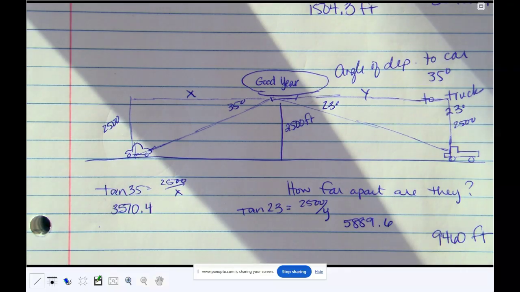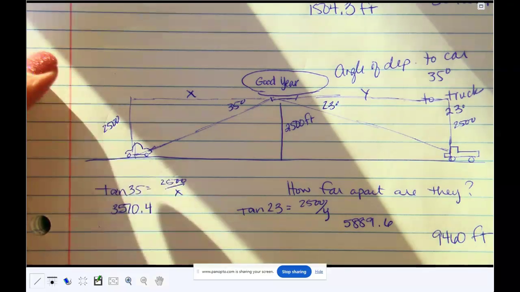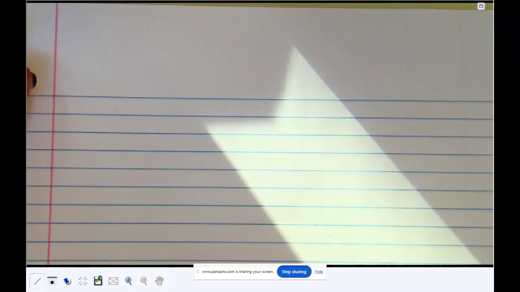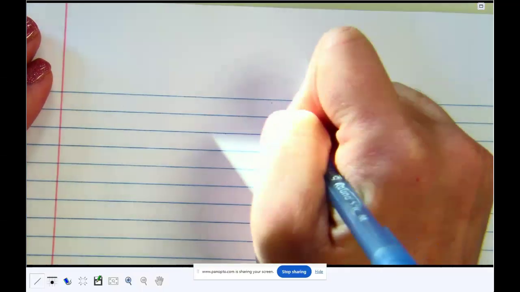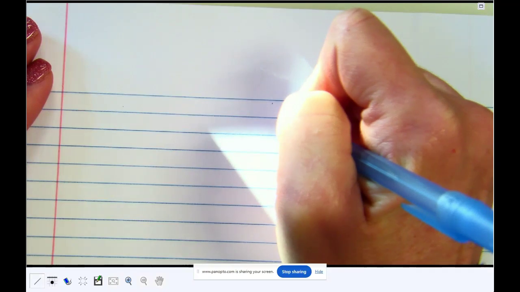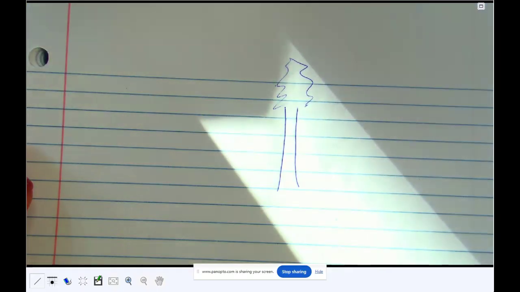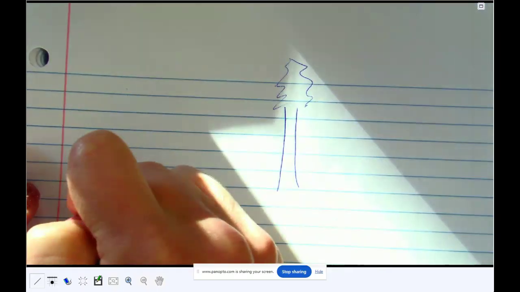Okay, last one. We talked about this back when we first did these. So let's say you are trying to measure a tree, a big tree. You're out in California, looking at redwoods. Okay, they're very big. And you start out here.